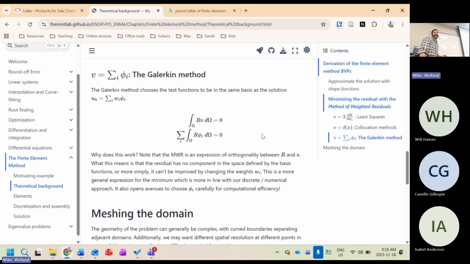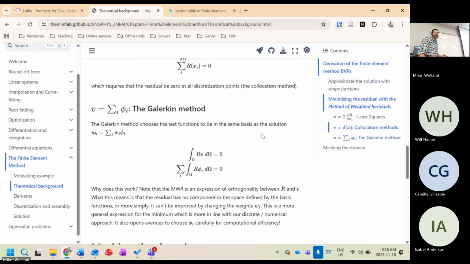So what this is saying is that, I have to be careful what I say here. When you have satisfied the orthogonality condition, it cannot be any better. That weight, that coordinate is as good as you're going to get, right?